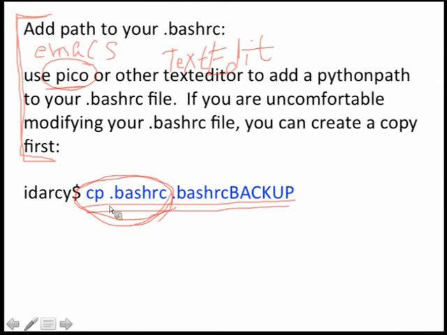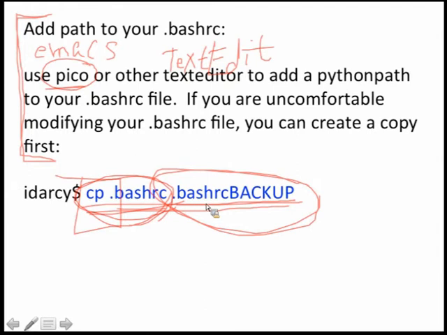If you do mess it up, it's easy to put it back to what it looked like, but you might not know what it looked like unless you create a backup file. So I copied my .bashrc file into .bashrc backup. Now I have two copies, so if I do something odd and I can't figure out what I changed, I can go back and look at my backup.